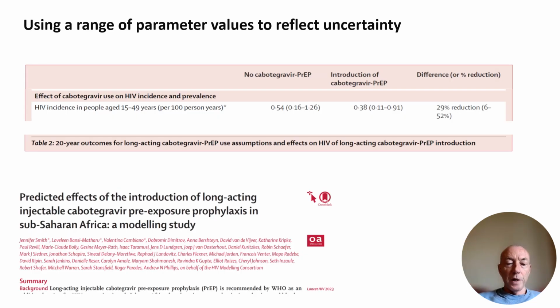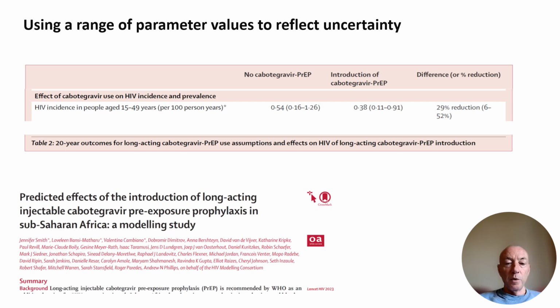So this shows an excerpt from the paper that the table that I showed you in the previous slide relates to. So this is just showing you an excerpt on the effect of cabotegravir introduction on HIV incidence.